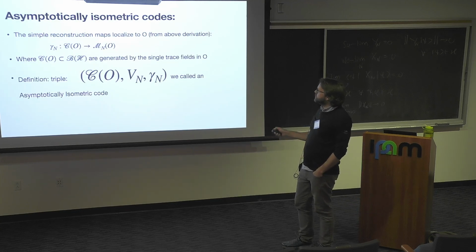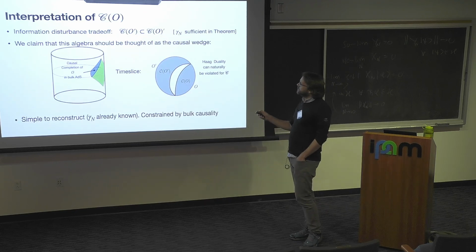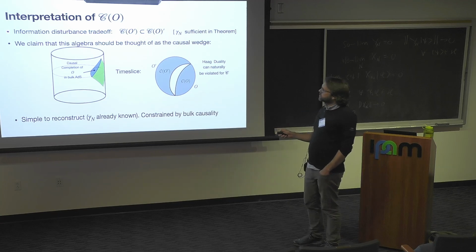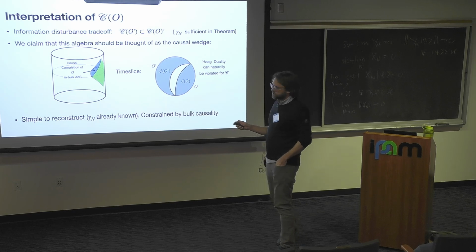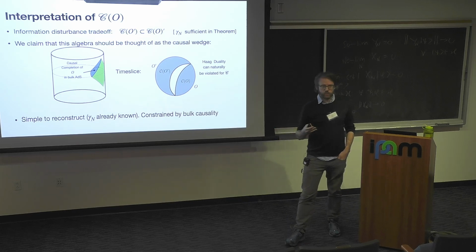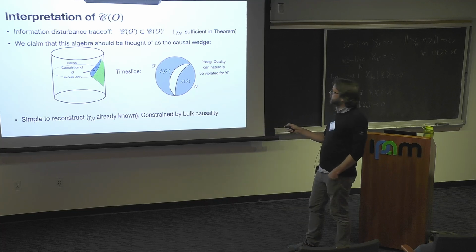So now let's talk a little bit about the interpretation of the C of O. You can show, using the information disturbance tradeoff theorem that I proved, that these C of O satisfy the following property.